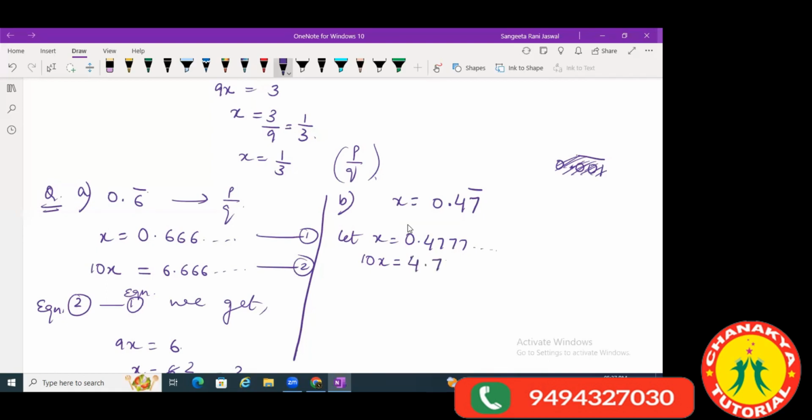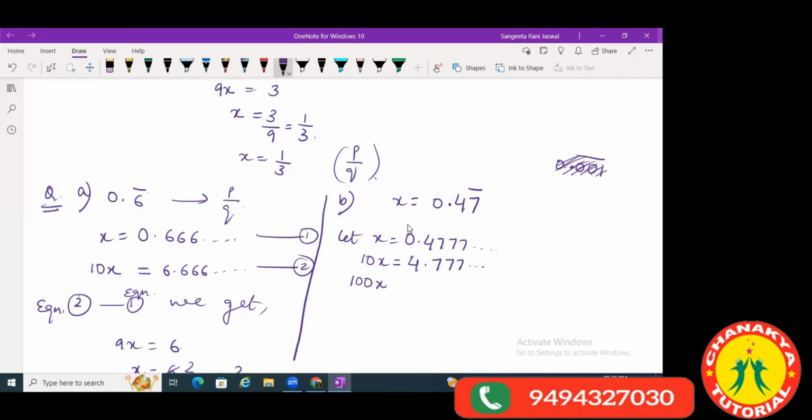So this becomes 0.77 and so on. Okay. Now, if I subtract this, what can I see? After the decimal, I have 4777 and here I have 777. So to make my work easier, I will again multiply this equation with 10.